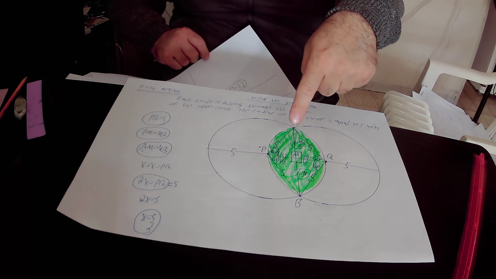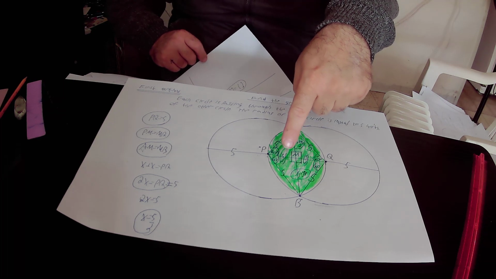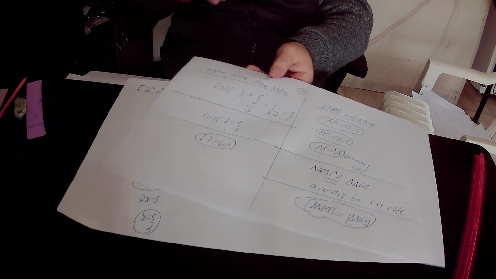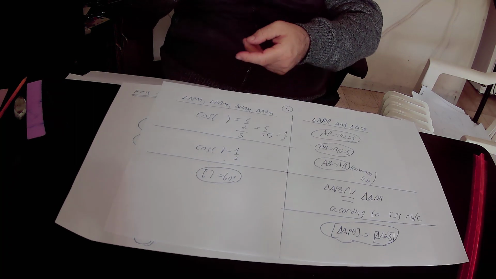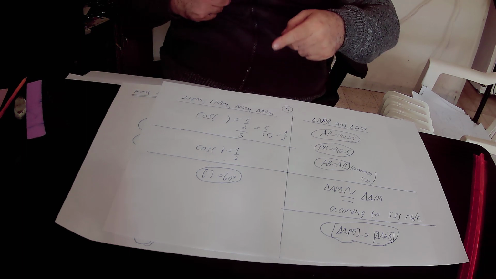Here also cosine theta equals 5 over 2 over 5. Here also, and here also. So in those four triangles, cosine equals 5 over 2 over 5.